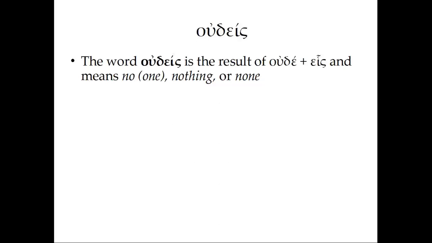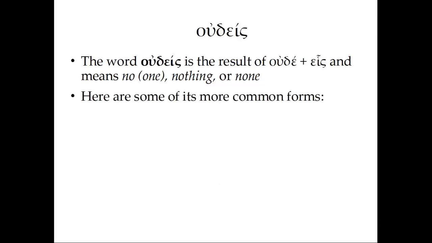Let's turn to oudeis. The word oudeis is the result of oude plus heis, which we just looked at, and means no or no one, nothing, none. Its meanings are numerous. We'll see how it works in practice in just a second. These are some of its more common forms.